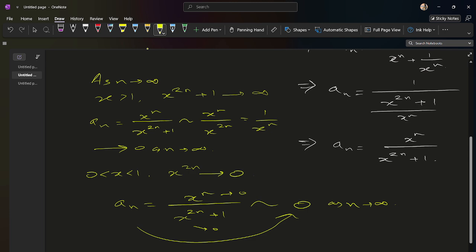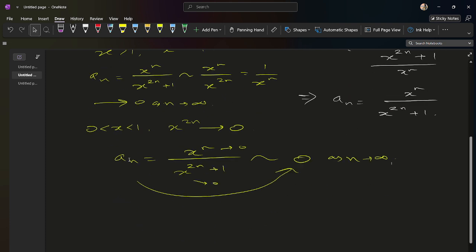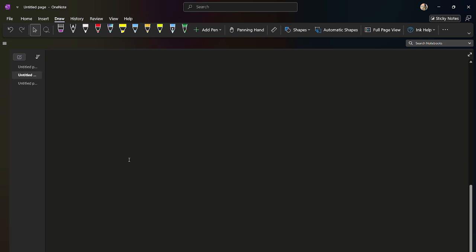Now the comparison test of convergence. Let us compare a n with a simpler term to determine convergence. Observe the following cases. Case 1: x greater than 1.